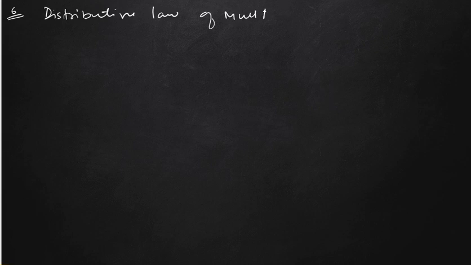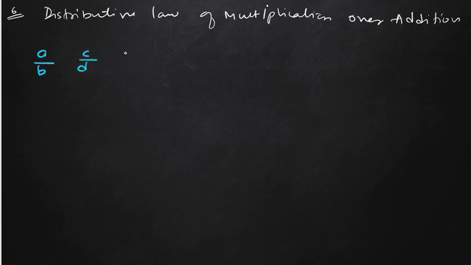Now we have property number 6, the distributive law of multiplication over addition. Suppose we take three rational numbers a by b, c by d, and e by f.